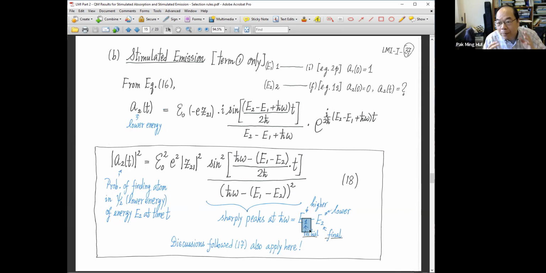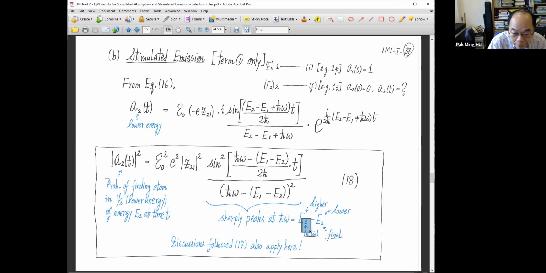So we got stimulated emission in one shot together with stimulated absorption. That is to say, within Schrödinger quantum mechanics, you get this mysterious process, stimulated emission, free of charge. You try to understand absorption, you also get emission, okay?